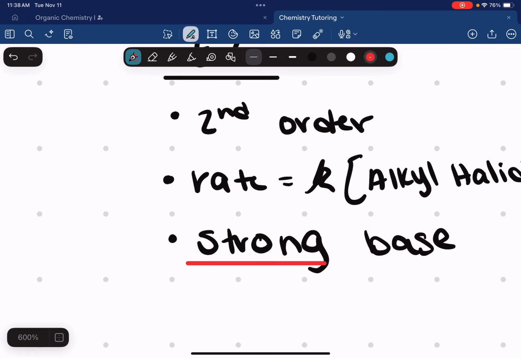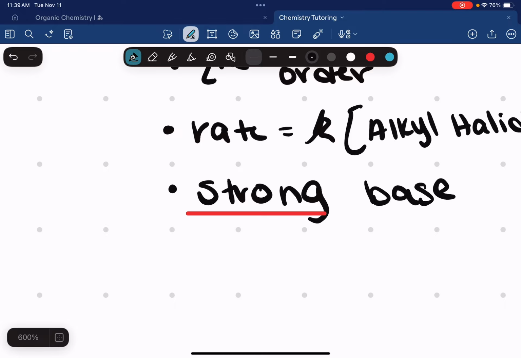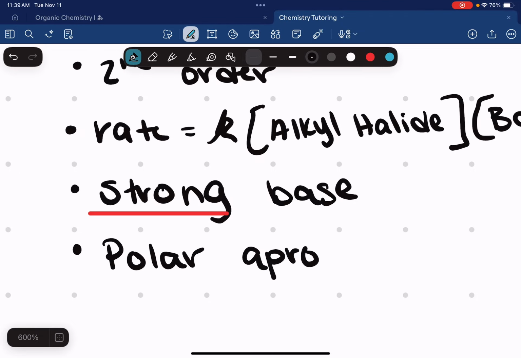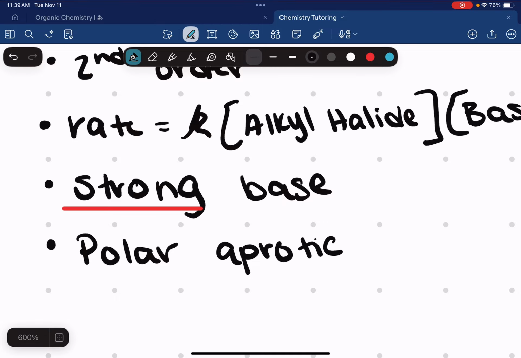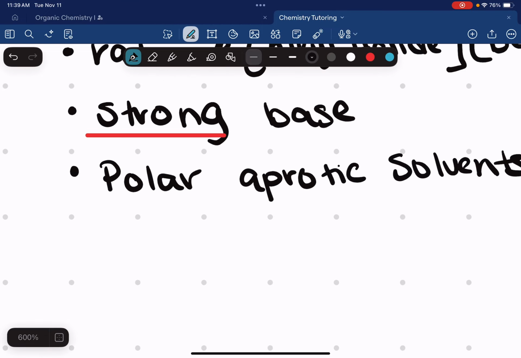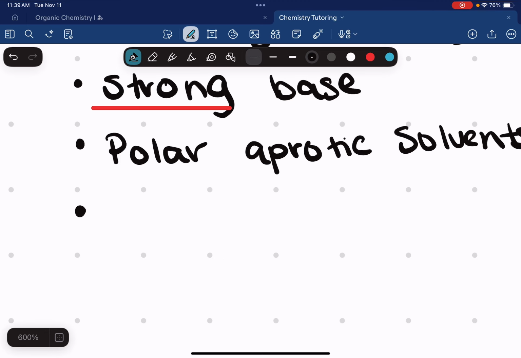So E2 likes strong bases. Aprotic solvents, meaning it cannot hydrogen bond. And it requires an antiperiplanar hydrogen.